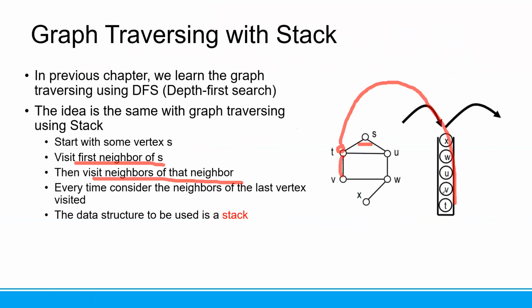So every time, consider the neighbors of the last vertex visited. So T, and then I know V, and from V, I know W. I can check the U. So it depends on how you determine the incident edge. After you put everything in this stack, if there is no other possible node, then it means this is the end.